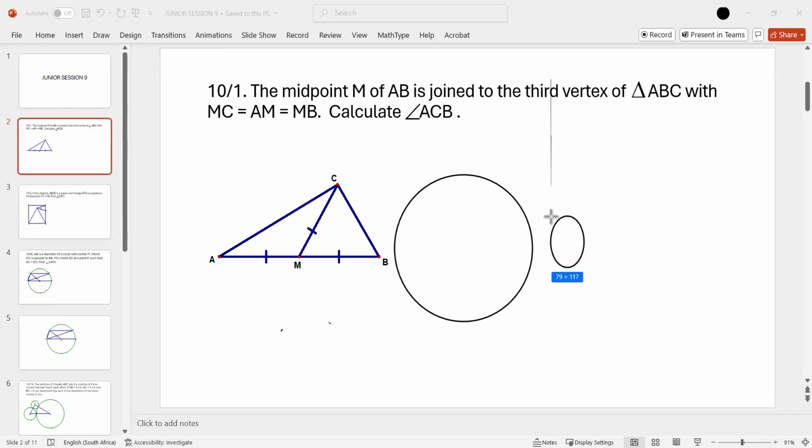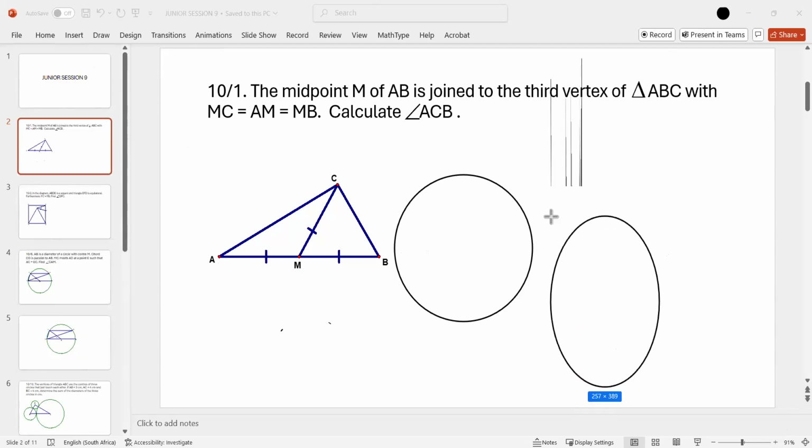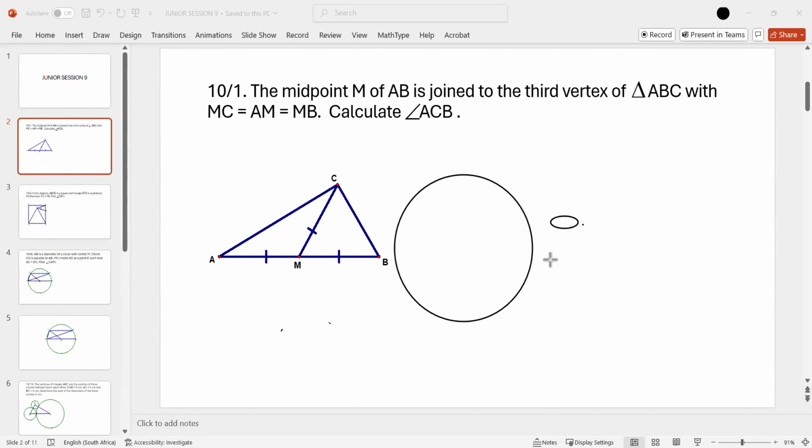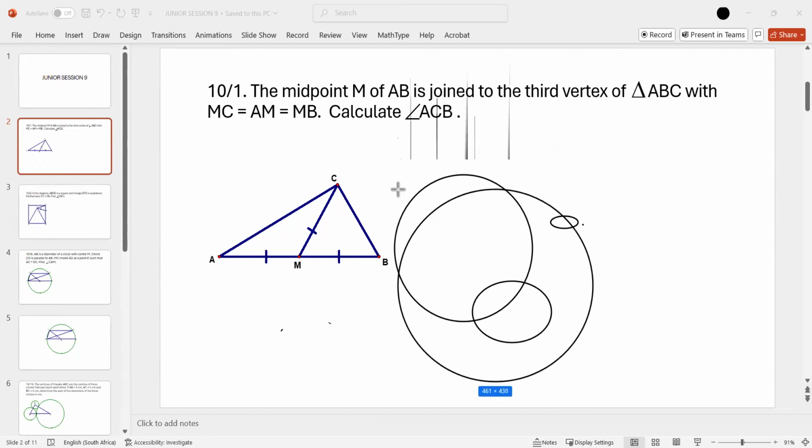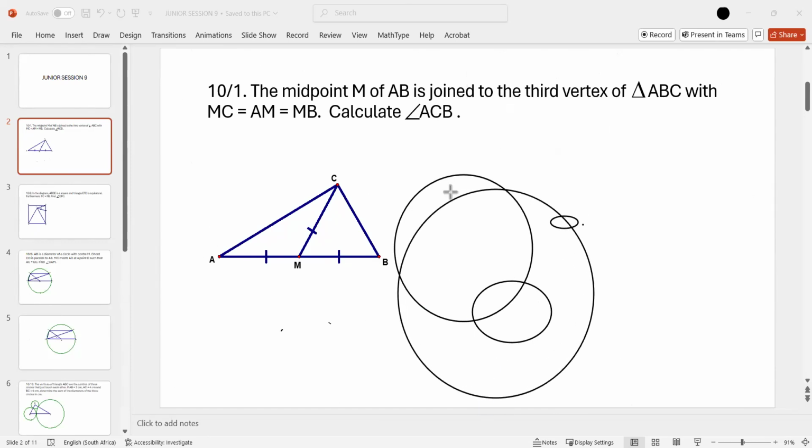Let's draw another circle. Okay, let's just draw that one. Sorry, all this is a mess, but I can clean it up.